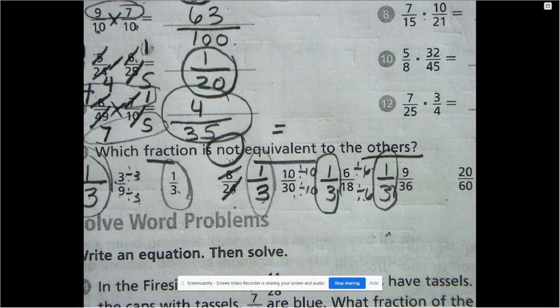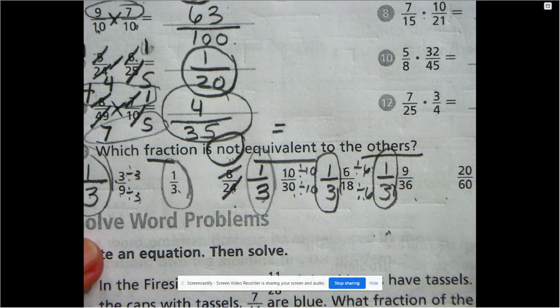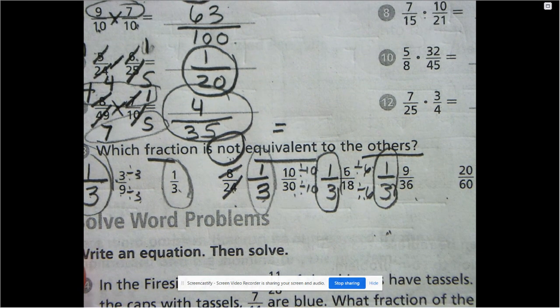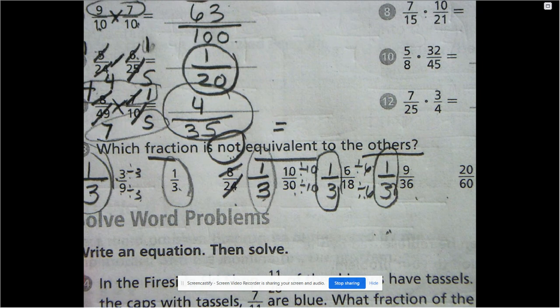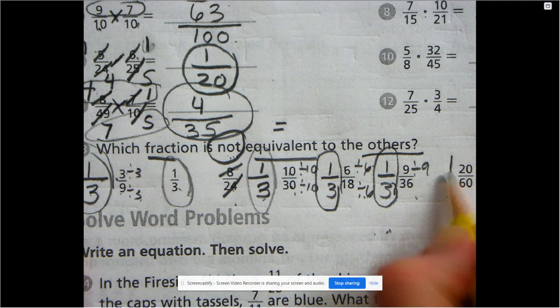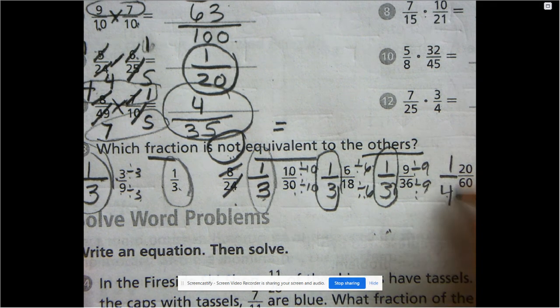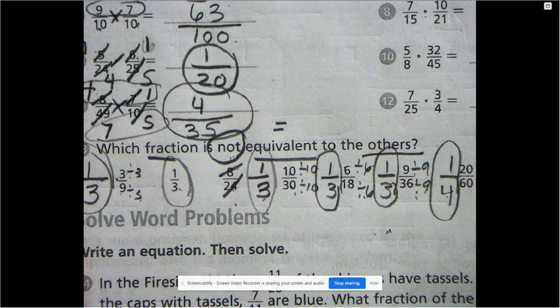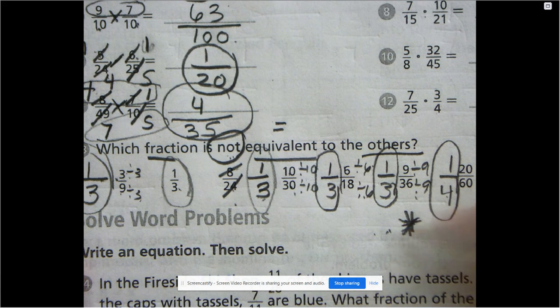Still, I have not found it yet. 9 and 36. What do they both share? 9 goes into 9 one time. 9 goes into 36 4 times. Looks like so far this is probably going to be the answer.